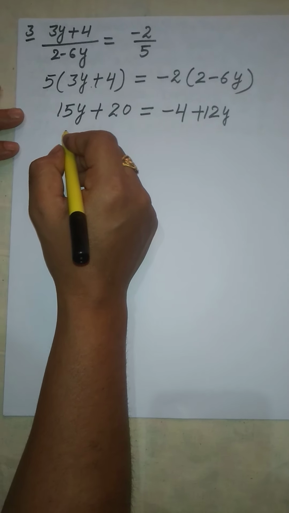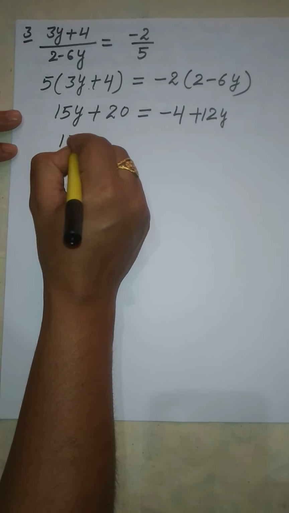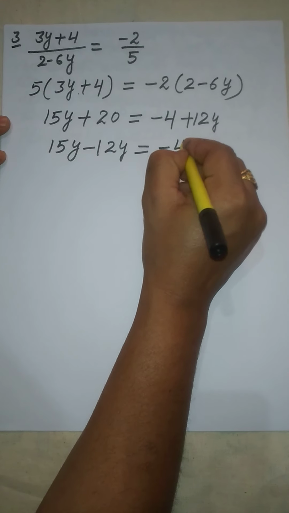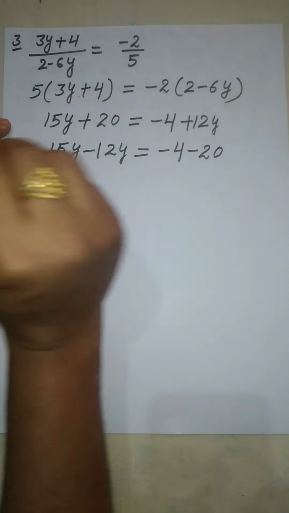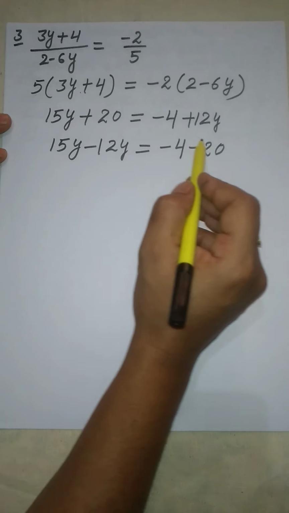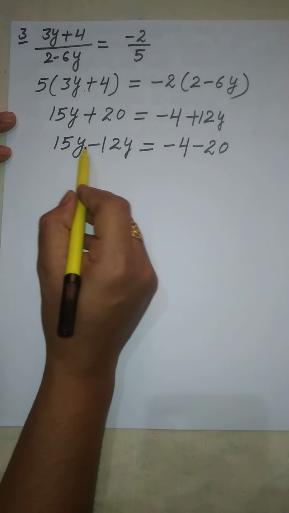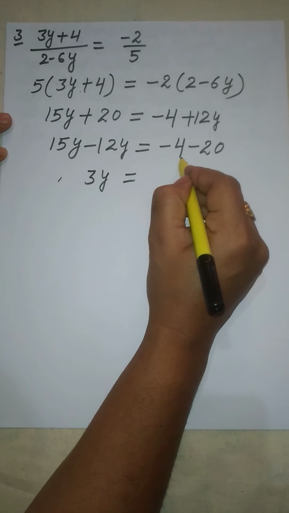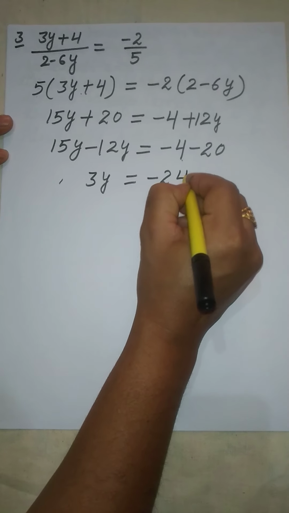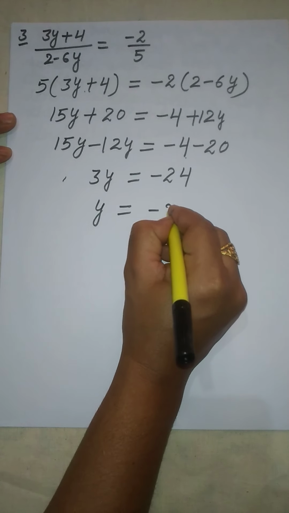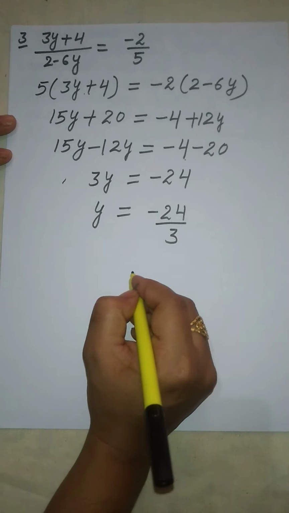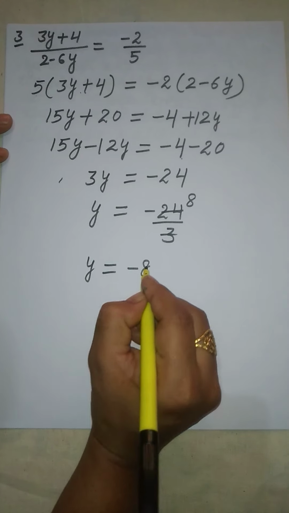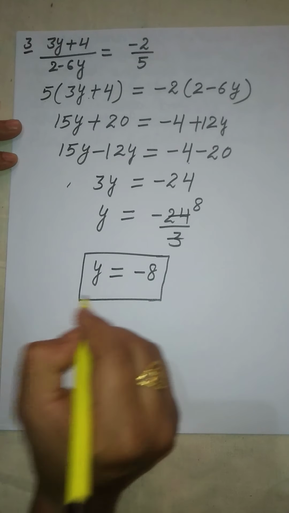Now arrange the variable terms to the left side. 15y minus 12y is equal to minus 4 minus 20. It was plus 20, so on the right side it will be minus 20. 15y minus 12y is 3y. Minus 4 minus 20 is minus 24 and y is equal to minus 24 divided by 3. 3 8s the 24, so the value of y is minus 8, which is the required answer.